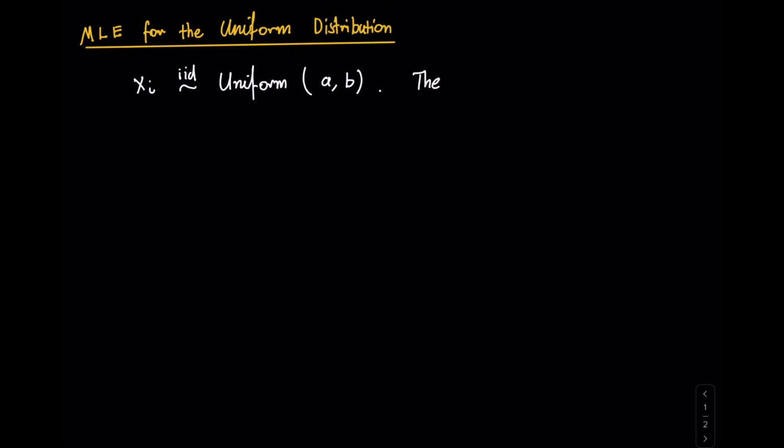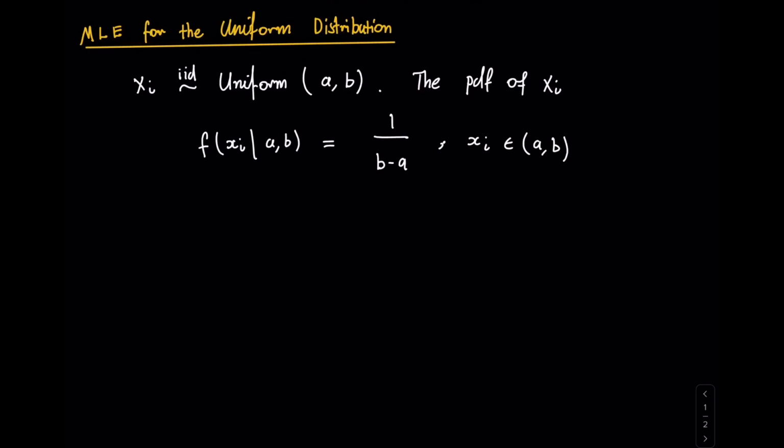We could say that the PDF, the probability density function of xi, is given by this particular function here. f(x | a, b) is equal to 1 over b minus a, noting that xi is an element of [a, b], and it would be 0 elsewhere.